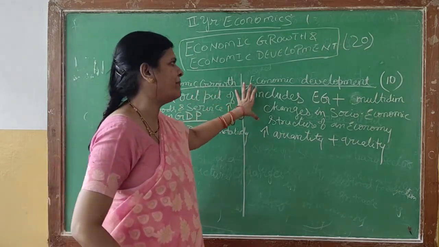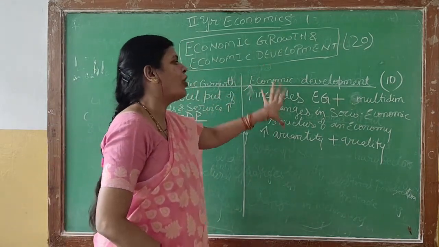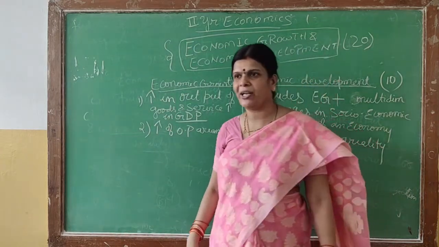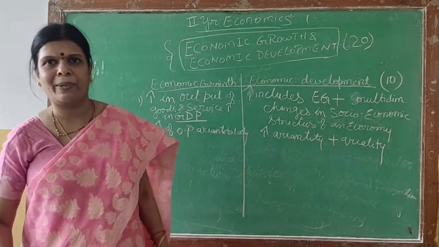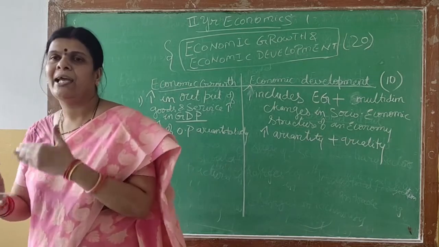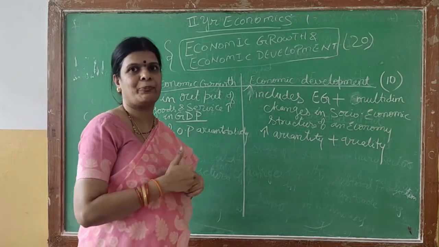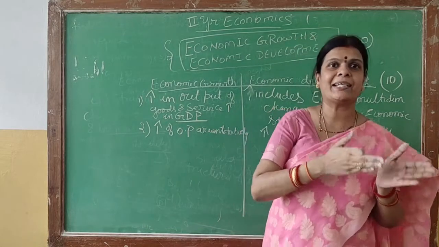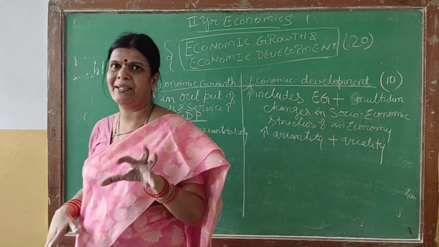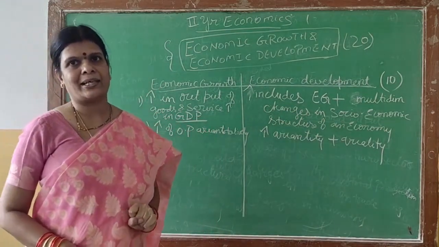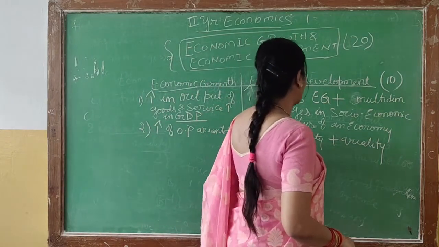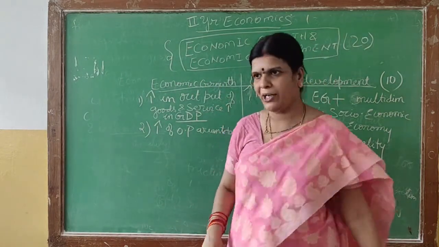But economic development mainly stresses increasing the standard of living, thereby decreasing poverty and unemployment. The main thing is that in India, the rich are becoming richer and the poor are becoming poorer, because of income inequalities. The main stress of economic development is reducing these income inequalities. That's why economic development measures both quantity as well as quality.